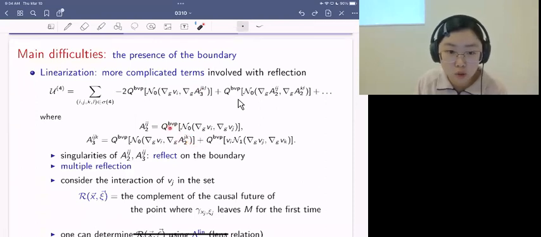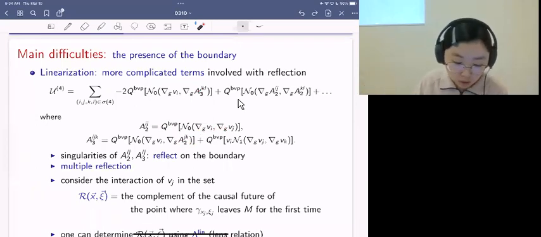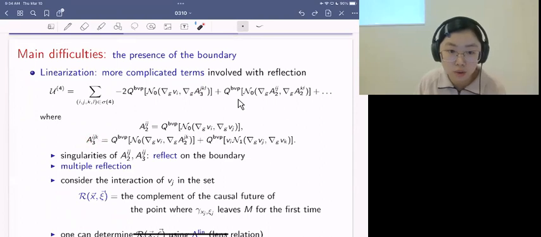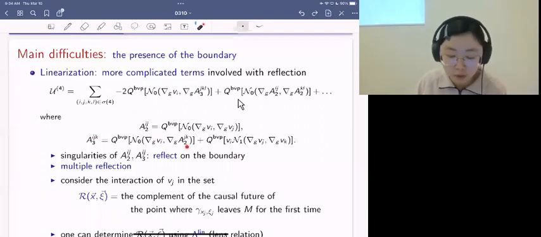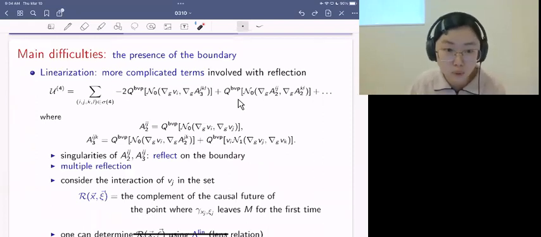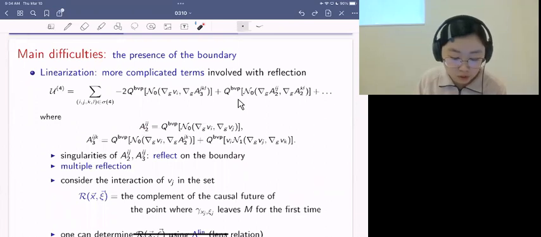The singularities of A2 will propagate to the boundary and then reflect. So to analyze A3, we need to analyze the product of conormal distributions with another distribution whose singularities are reflected on the boundary, which will be complicated. Both the singularities of A2 and A3 reflect on the boundary. So we want to avoid this complexity.